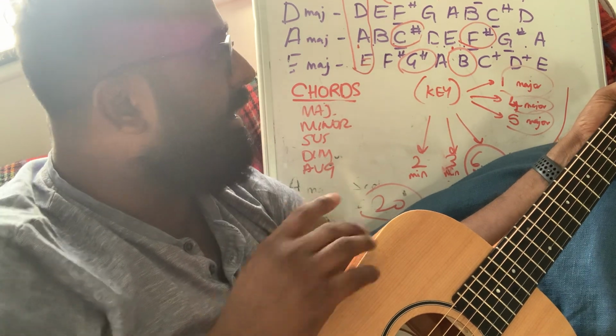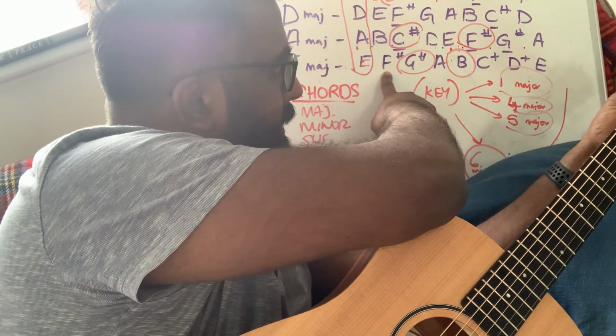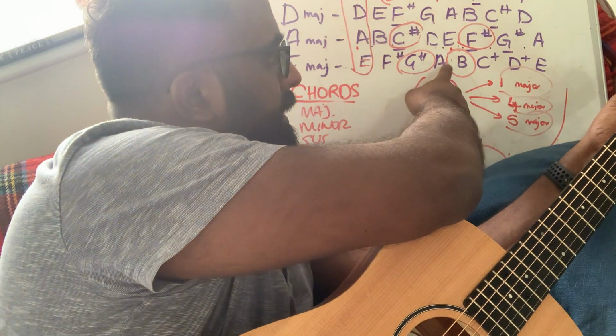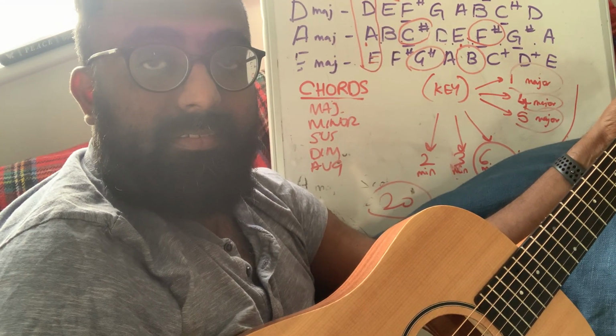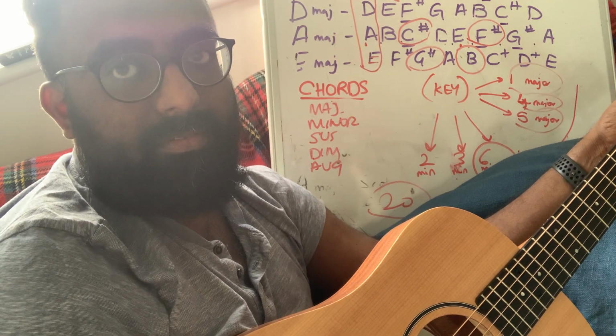So literally I played E, F sharp minor, I didn't play G sharp minor, A, B, and C sharp minor. So I played 5 chords and I played the original song for you.